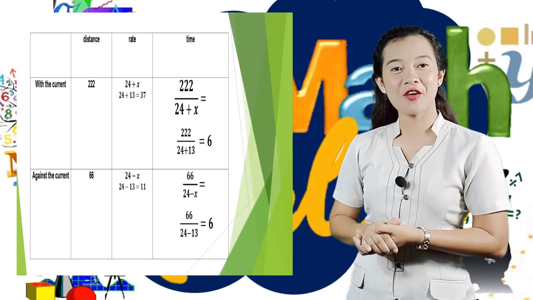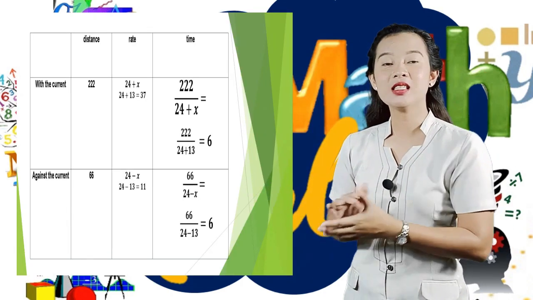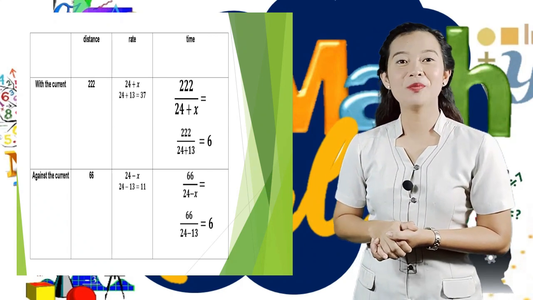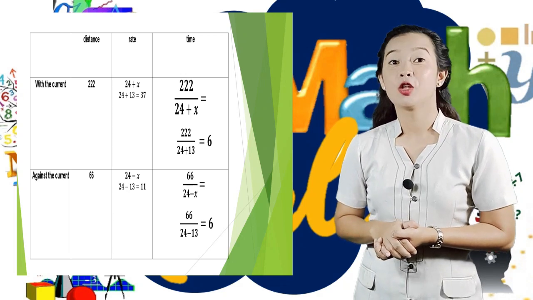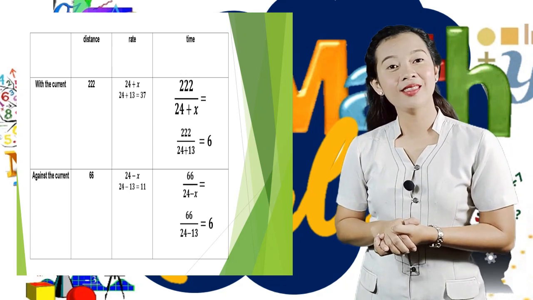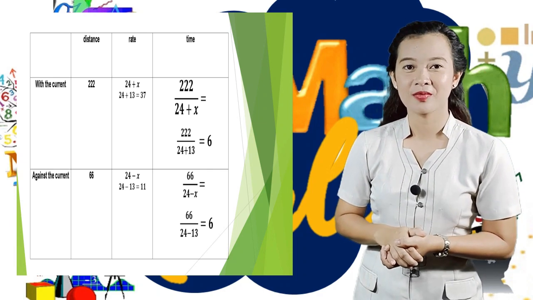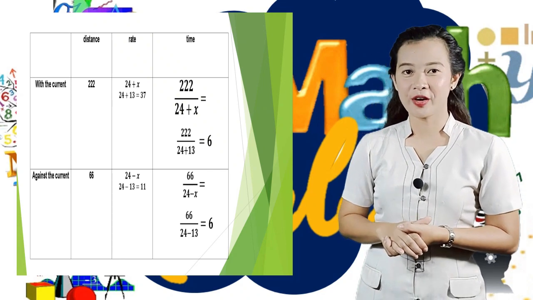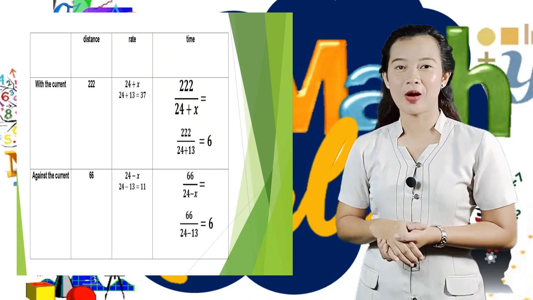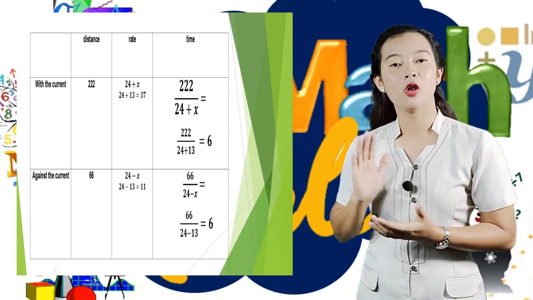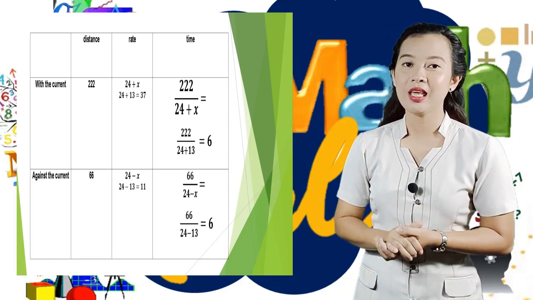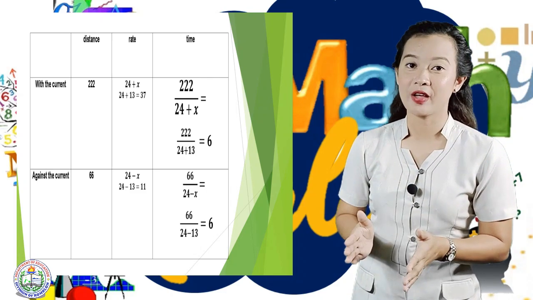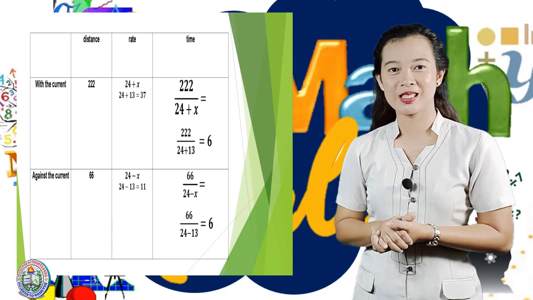When the ferry is traveling along with the current, its distance is 222. Its rate is 24 plus x equals 24 plus 13 equals 37. To find the time, 222 all over 24 plus x equals 222 all over 24 plus 13 equals 222 all over 37 equals 6.